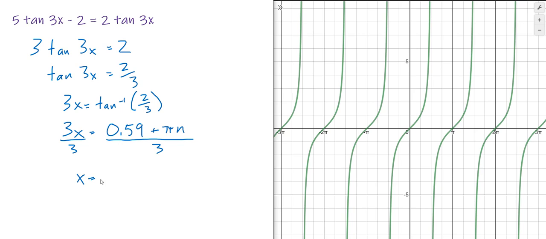And that will get me that x is going to be equal to approximately 0.20 plus pi over 3n. Then if I just plug any integer in for n, I'll get all of the possible solutions to this equation.